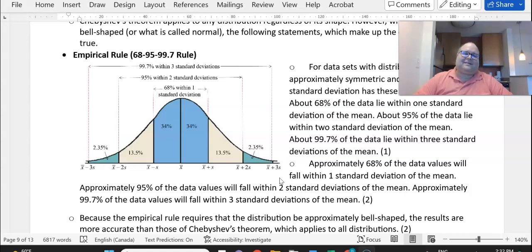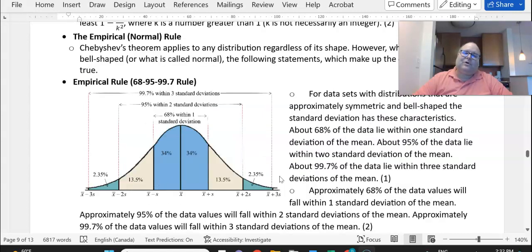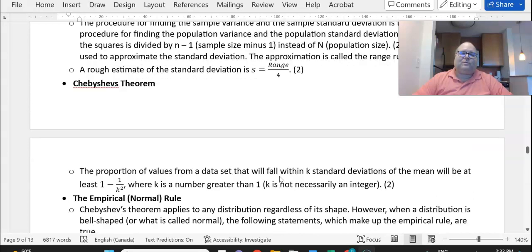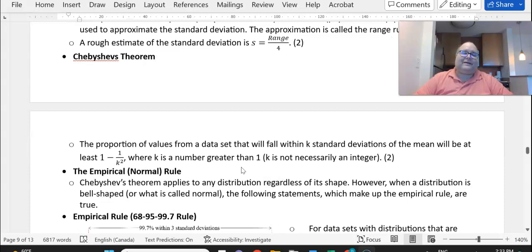That is not a fixed thing, and another way to describe it would be using Chebyshev's theorem, where if our k is greater than 1 and is an integer, or is any value greater than 1, 1 minus 1 over k squared gives us the approximate percentage of data that falls within that number of standard deviations from our mean.